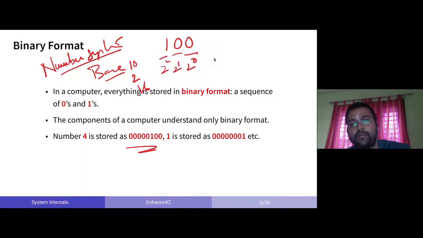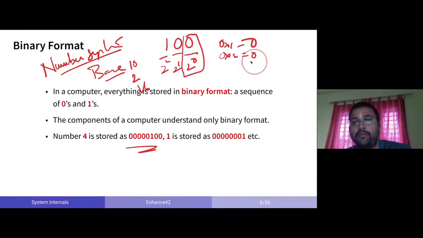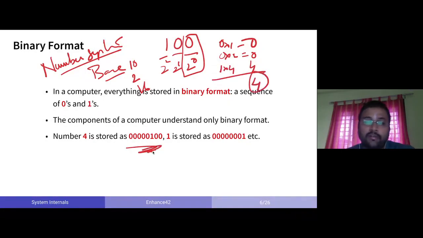So the base power keeps increasing. This is 0 into 1, 0, 0 into 2, 0, 1 into 4, 4. So the total is 4. If you don't understand binary, go through the Brilliant material which we have shared for numbers.